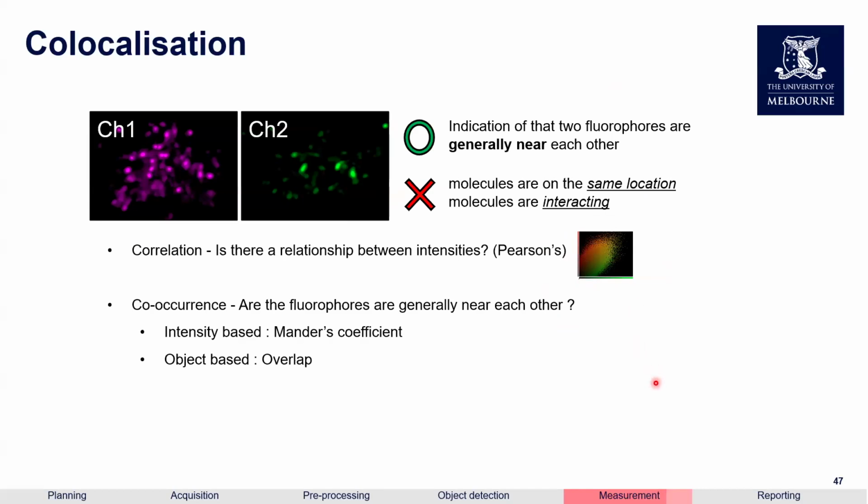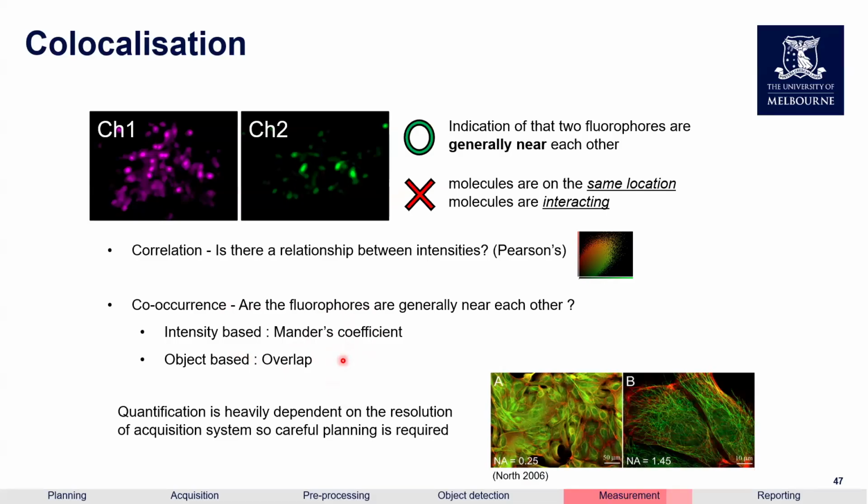Another common measurement is the co-occurrence, which means whether the fluorophores are generally near each other. To measure this type of co-occurrence, we can measure Manders' coefficients, which measure the sum intensity of the overlap proportion for each channel. Or we can also measure the overlapping portions based on the object.